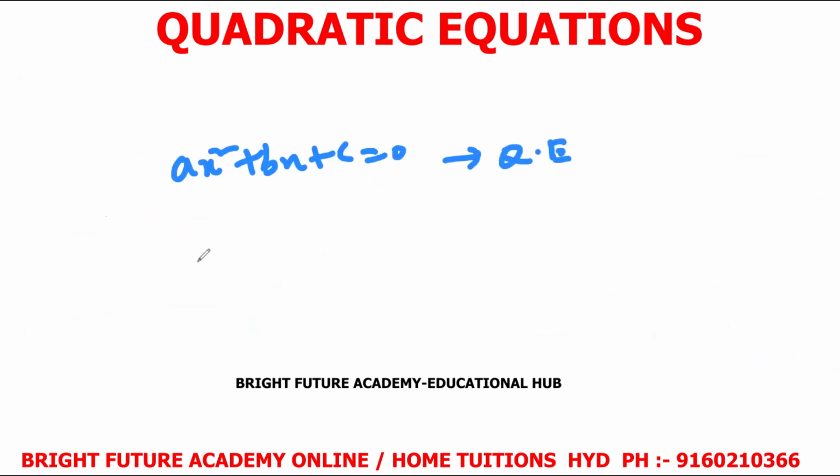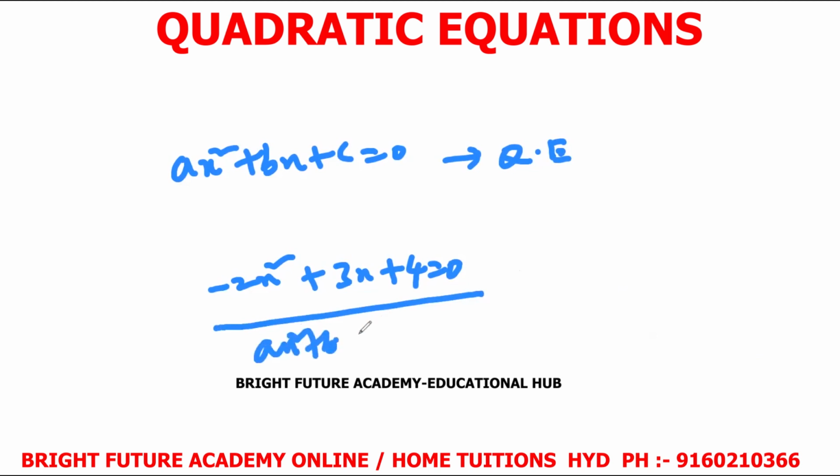Okay, so right now, for your sake, I am writing one example: minus 2x square plus 3x plus 4 equal to 0. I am asking whether this equation represents a quadratic equation. It seems to be in the form of ax square plus bx plus c equal to 0, correct? But usually we give priority to the coefficient of x square being positive.